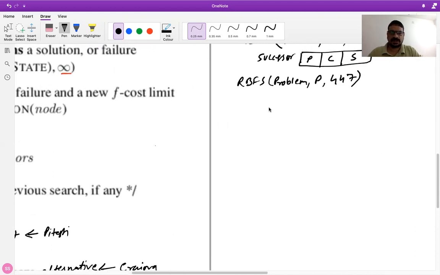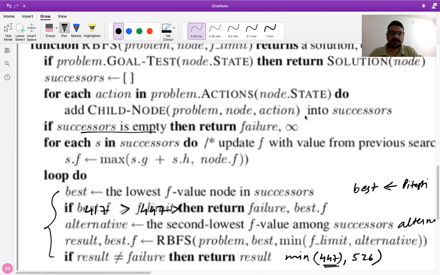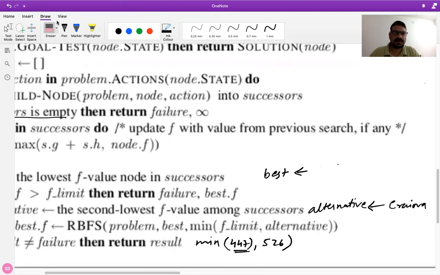Now what is the successor here? Bucharest and RV. Right. We have calculated the F value here. Now what is the best? We find out Bucharest is the best.